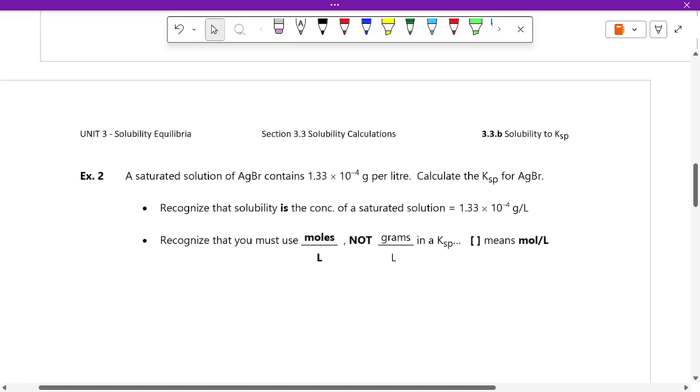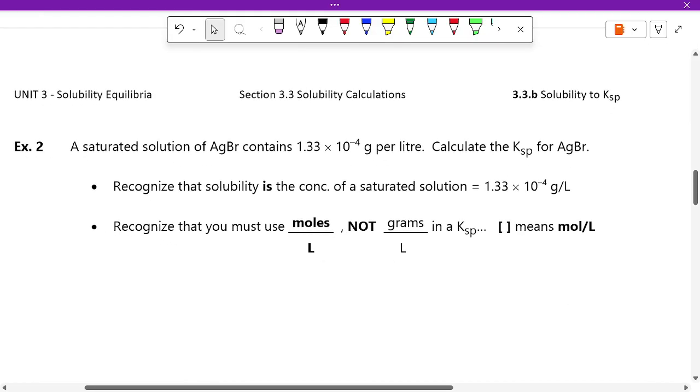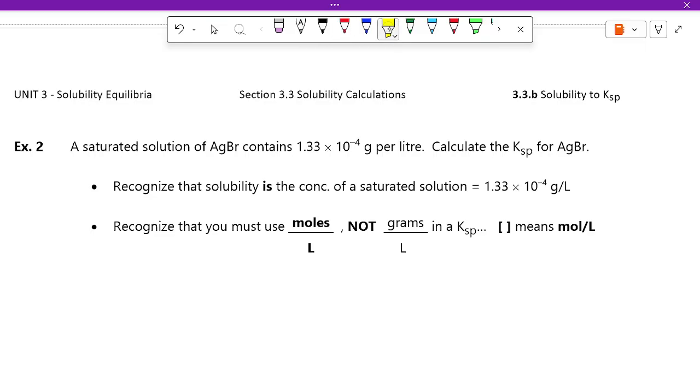A saturated solution of silver bromide contains 1.33 times 10 to the negative 4 grams per liter. Calculate the KSP for AgBr. You need to recognize that this solubility is the concentration of a saturated solution, and that it is in grams per liter. Can we do calculations in grams per liter in KSP?